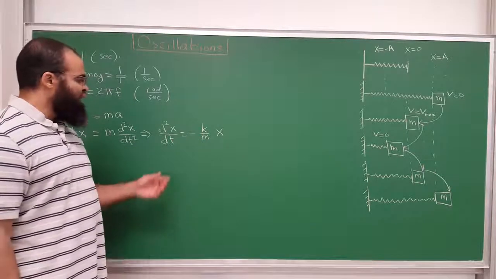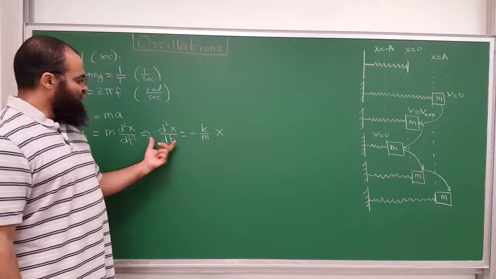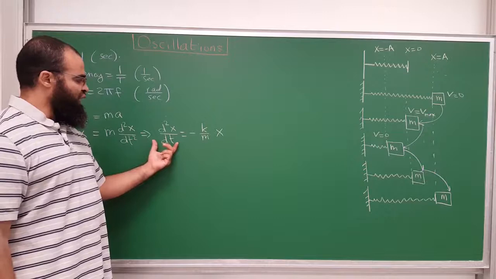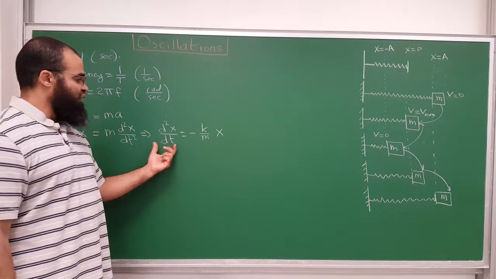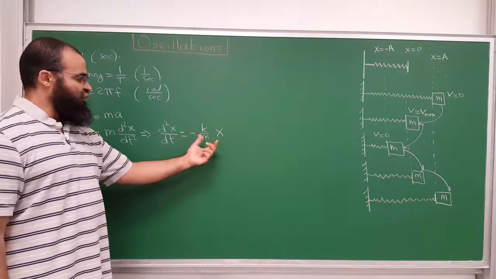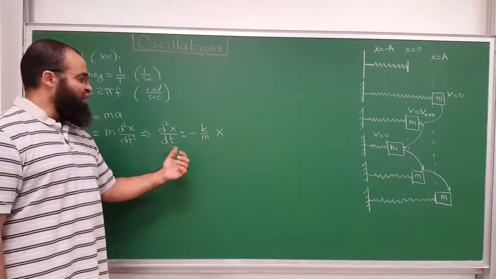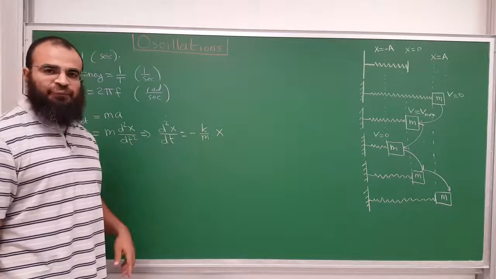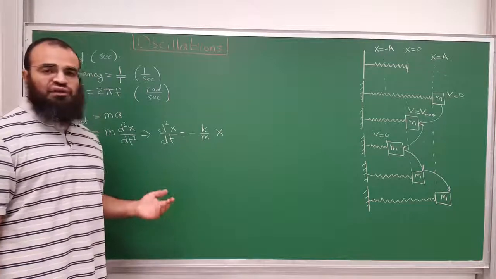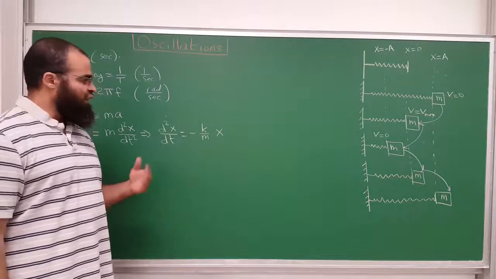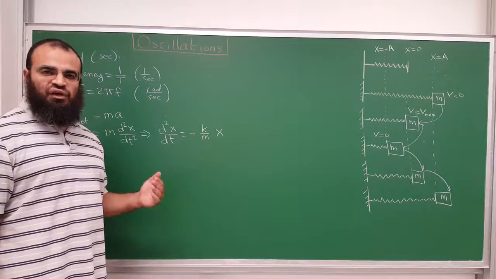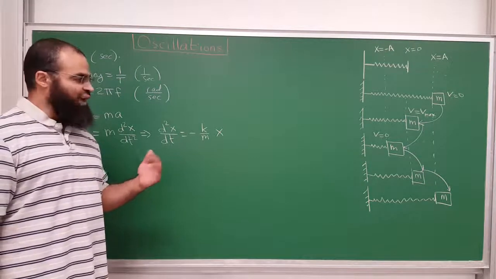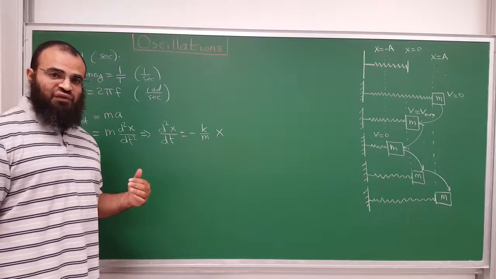We seek a function whose second derivative gives you exactly the same function with a constant in front of it and a minus sign. We know those functions: sines and cosines. The derivative of the sine gives you the cosine, and the derivative of the cosine gives you the negative sine, so you get back the sine when you take the second derivative of the sine. Same thing for cosine.